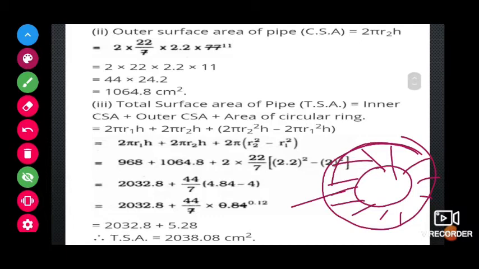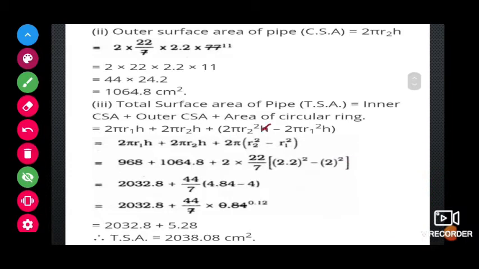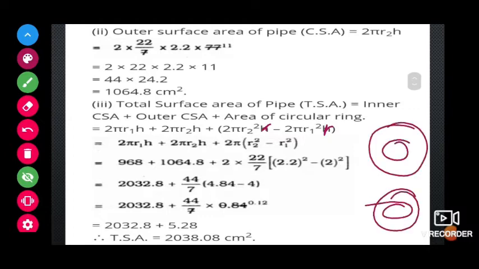The total circle area is pi r2 square minus the inner one, pi r1 square. Here h is not there, it's a misprint. Because we have two faces, up one and down one, we multiply by 2.